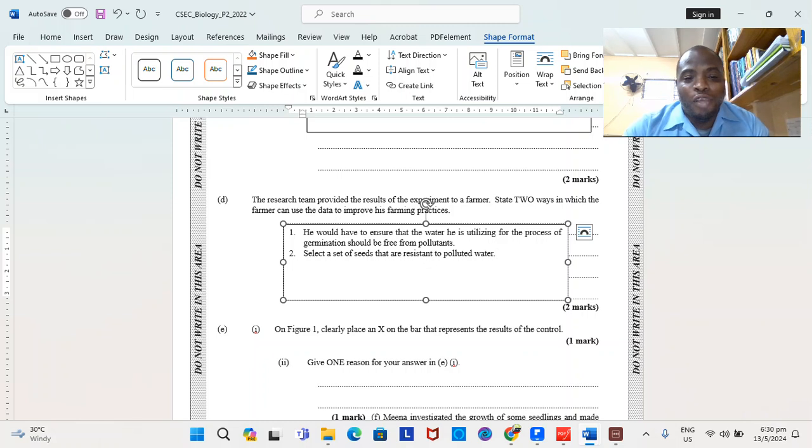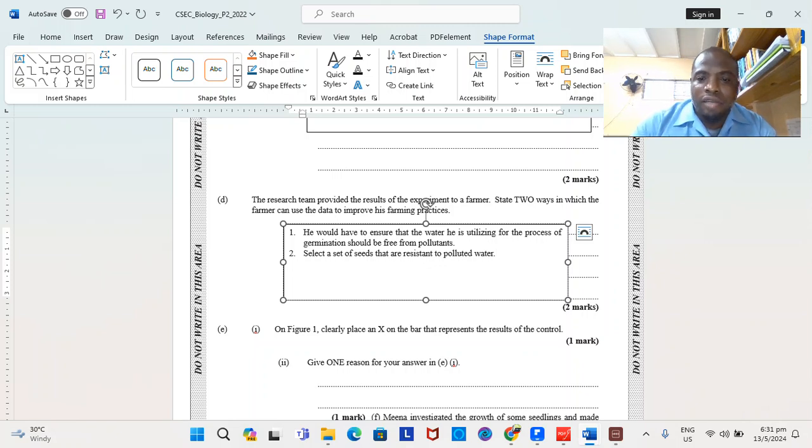I don't know if he wants to take on the expense as well. If he recognizes that we saw where when it was 50% of the concentration, only 21 seeds germinated. So one of the things that he could probably do, which is more expensive, if he wants 100 seeds, then he probably has to plant 200.